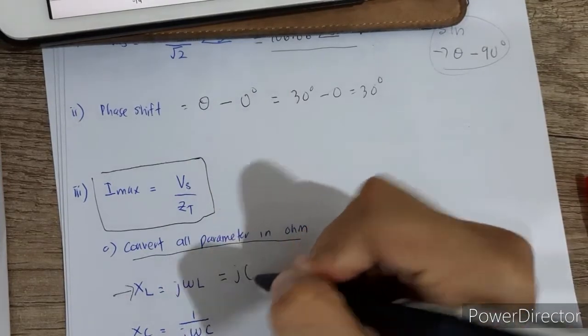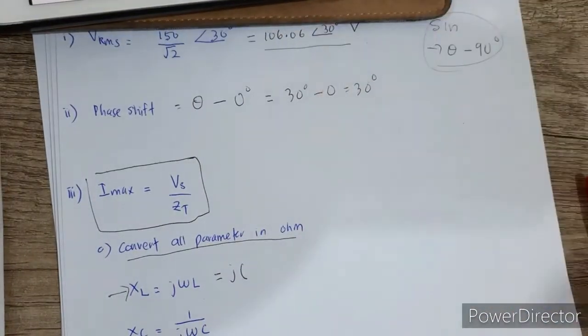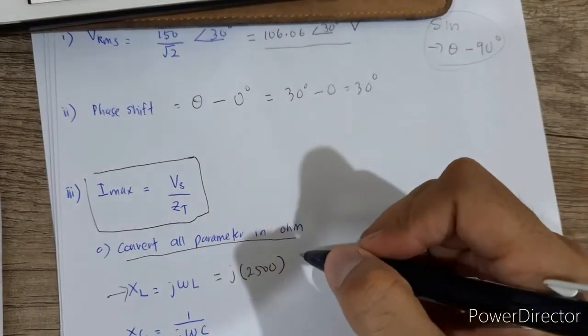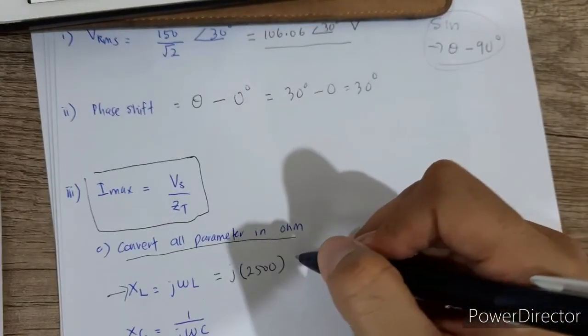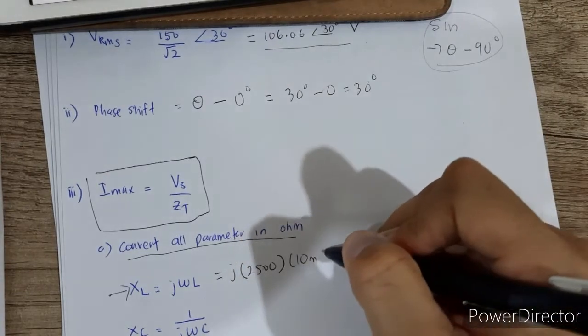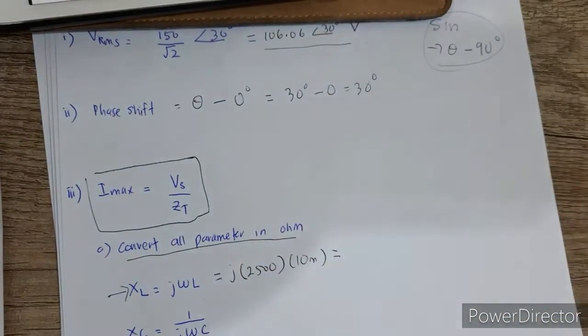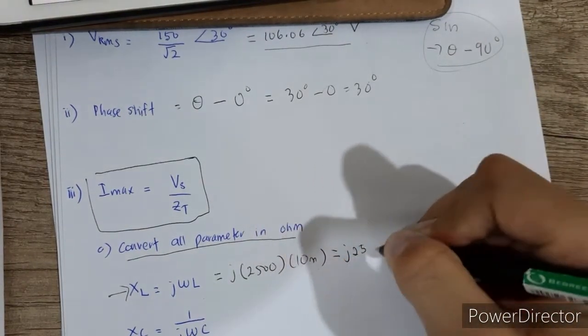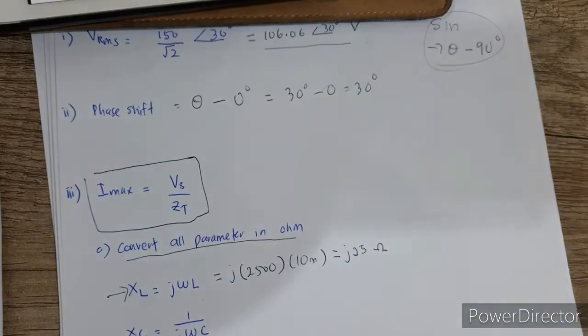So we know that omega is 2500. Multiply by 2500, and then multiply by L, which is 10 millihenry. So the answer should be j25 ohm.